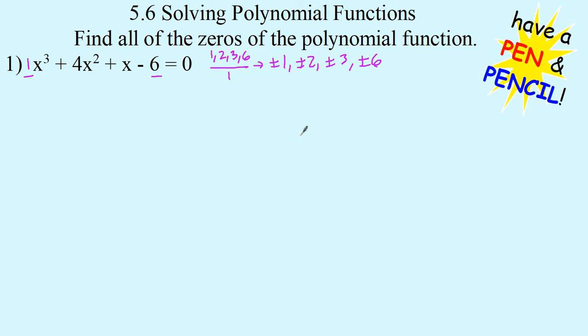So how do we know if it's a factor? 2 is a factor of 10 because it doesn't have a remainder. So we're going to use synthetic division. Step 1, list possible. Step number 2, we'll do this in blue, use synthetic.